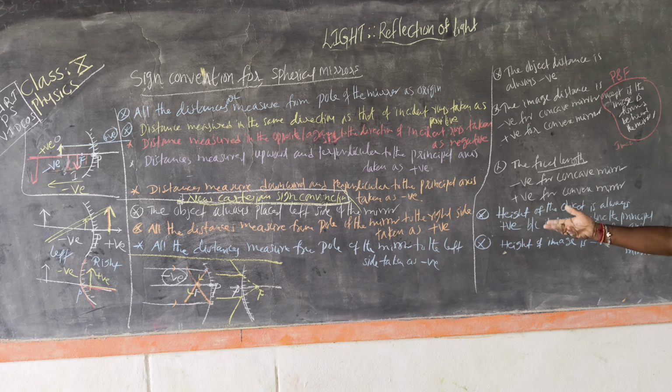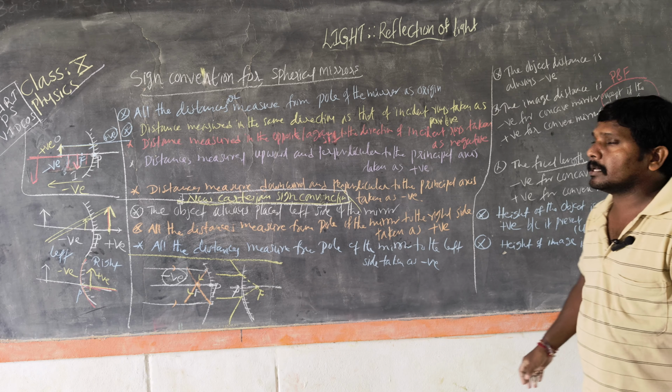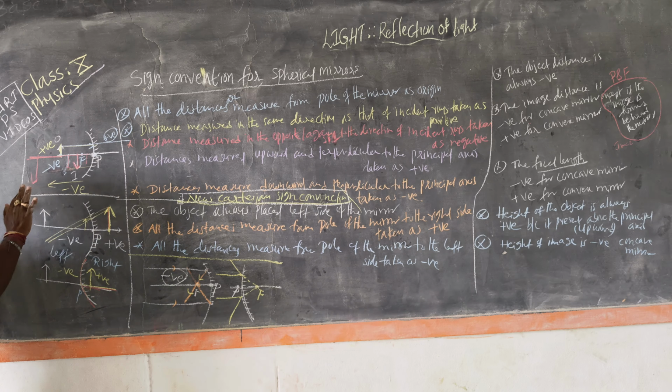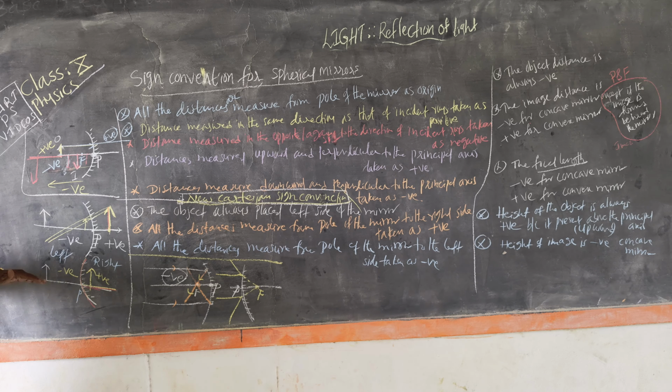Then height or size. The height of the object is always positive because it is present above the principal axis. Either in the case of a concave mirror or a convex mirror, the object is always upward and perpendicular to the principal axis.